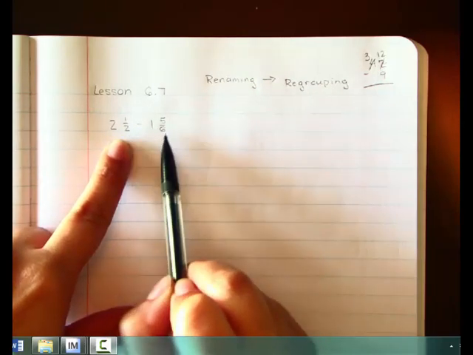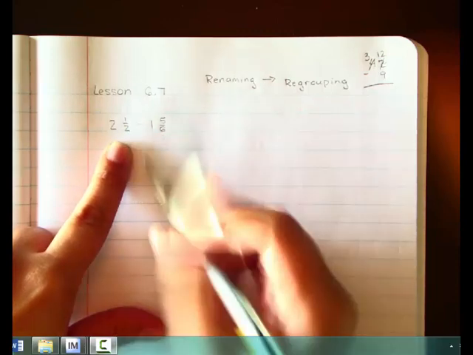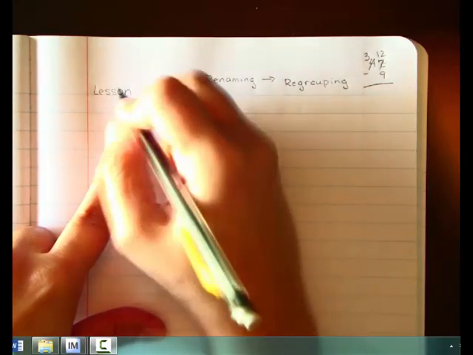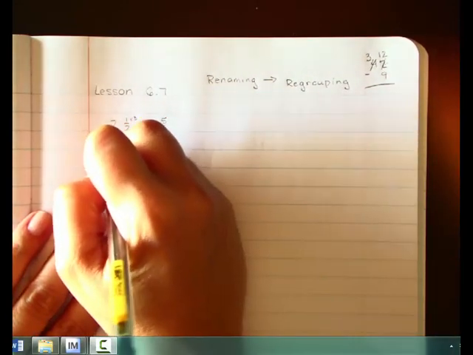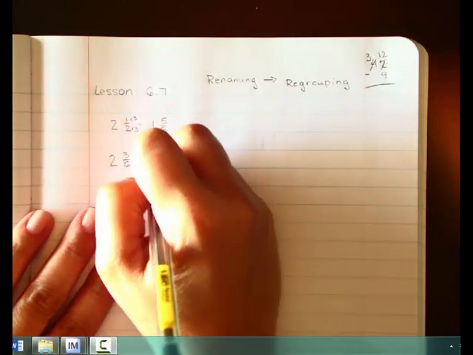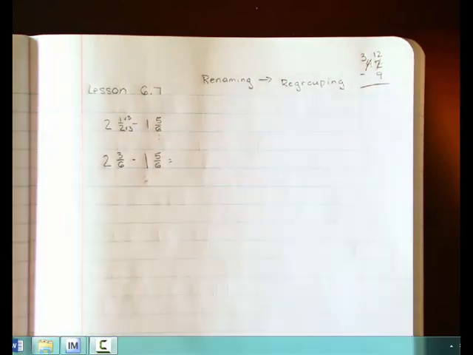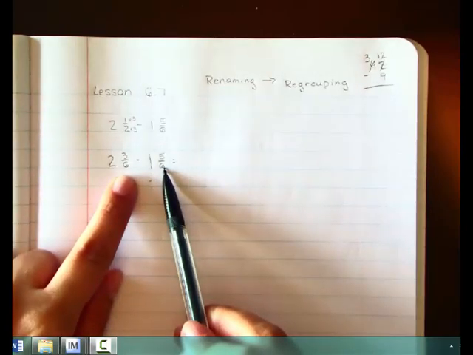Well, I know I can do 2 times 3 and get 6, so I'm going to keep this one the way it is and multiply these by 3. So now I have 2 and 3/6 minus 1 and 5/6.